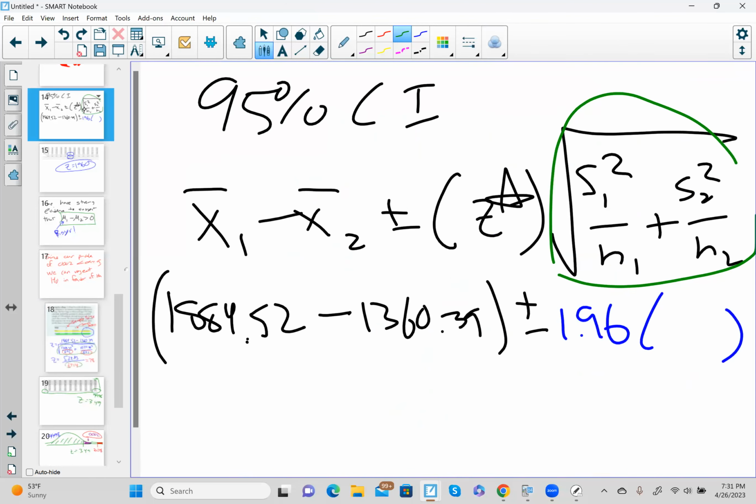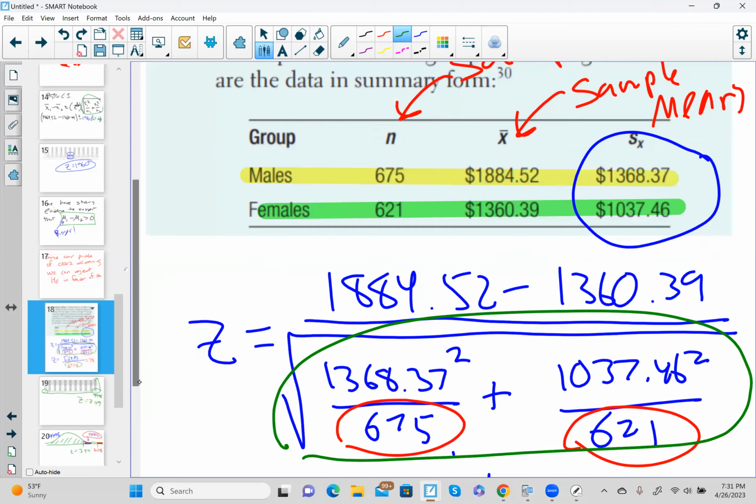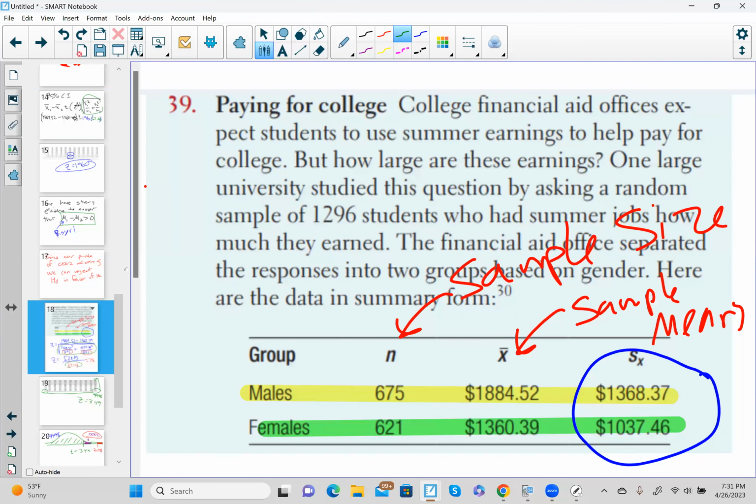So that's what's going to go in our confidence interval, 67.14. Okay, great. That difference between 1884.52 and 1360.39, we found that before also, 524.13.